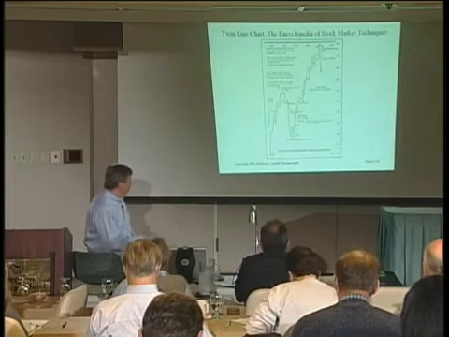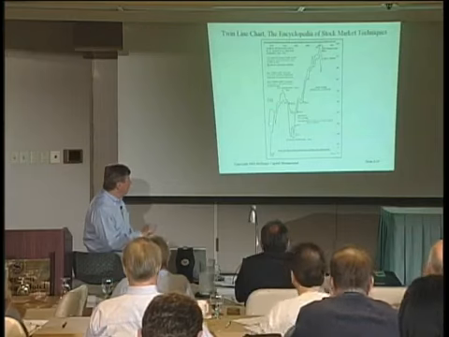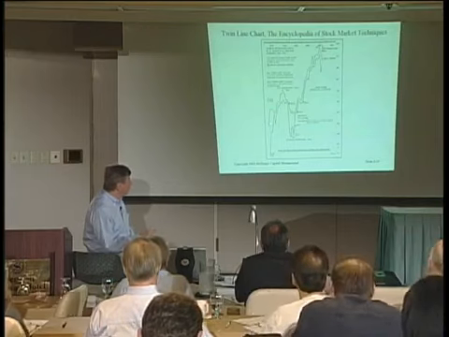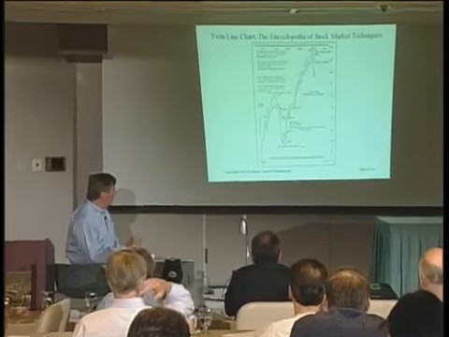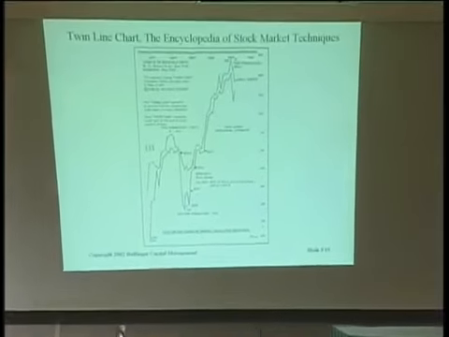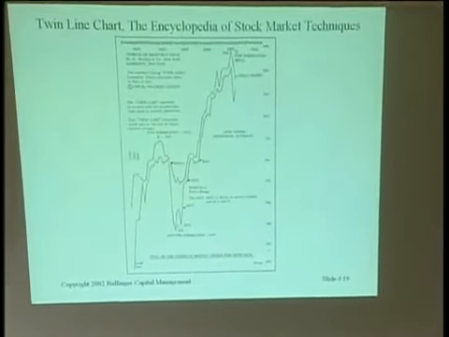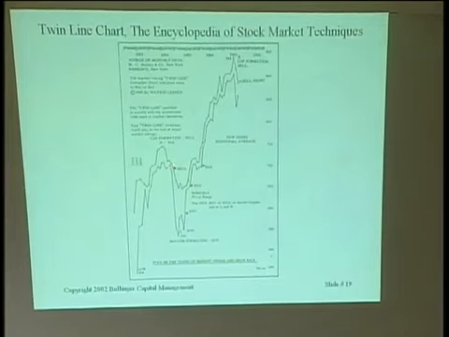Wilfrid Ledoux drew a line connecting the highs of the monthly bars of the Dow Jones Industrial Average and the lows of the monthly bars of the Dow Jones Industrial Average. And he said his decision rule was when the line connecting the highs crosses the line connecting the lows, you have a sell signal.